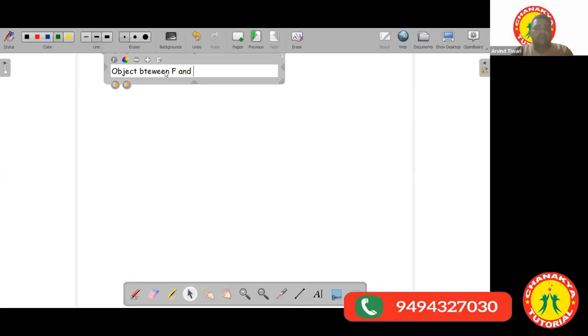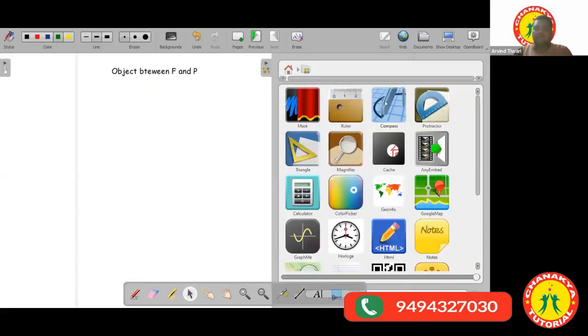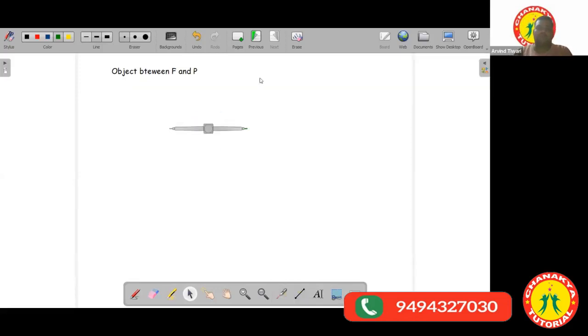Please use your compass and all. And now draw the diagram. Same thing, complete your basic diagram.